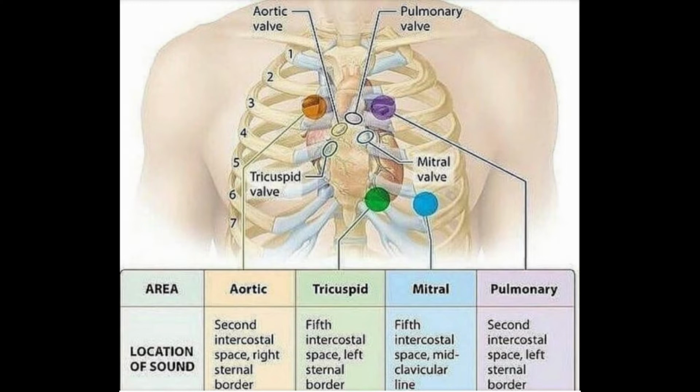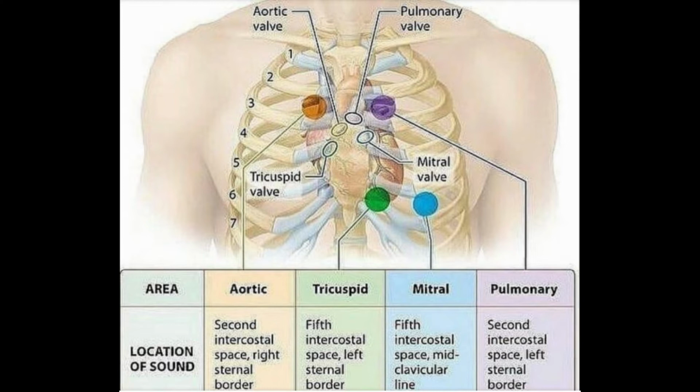It is the most visible, most powerful area of impulse by which we can auscultate in a very nice manner. The location of apical impulse, usually in a normal person, is the left fifth intercostal space, half an inch medial to the mid-clavicular line. That is the mitral area.